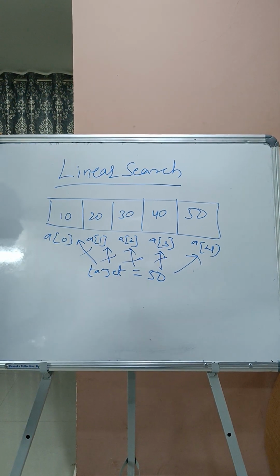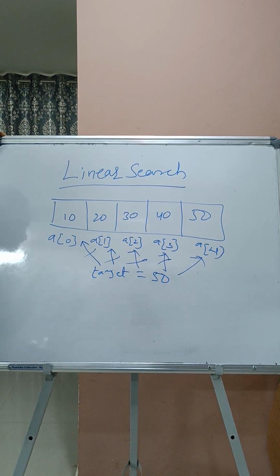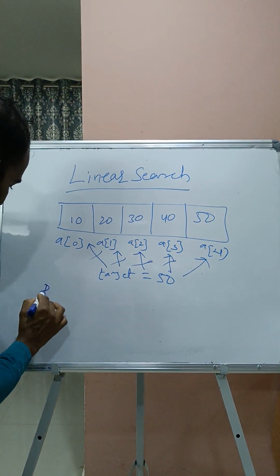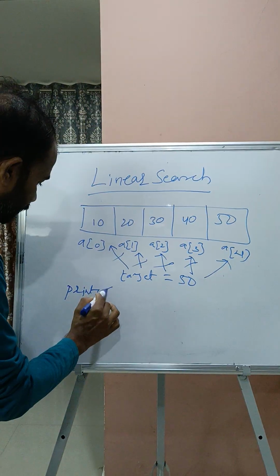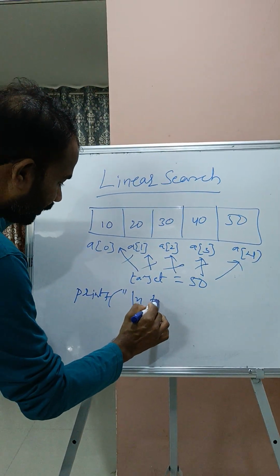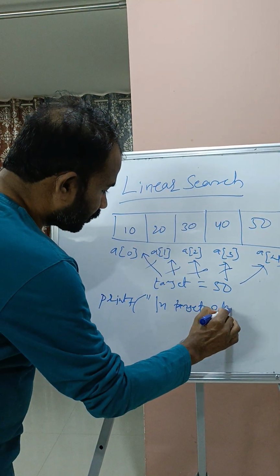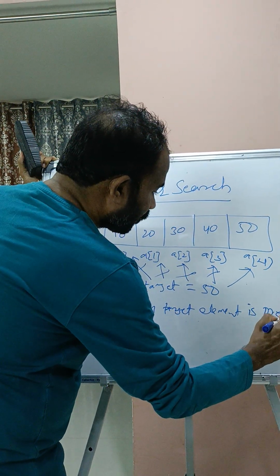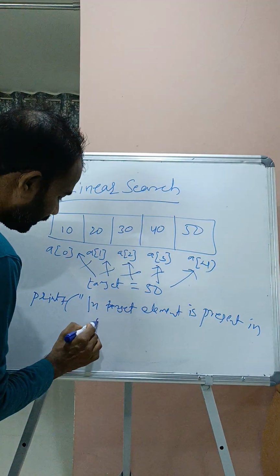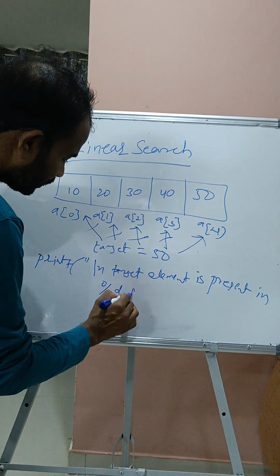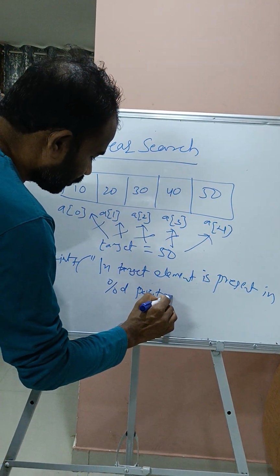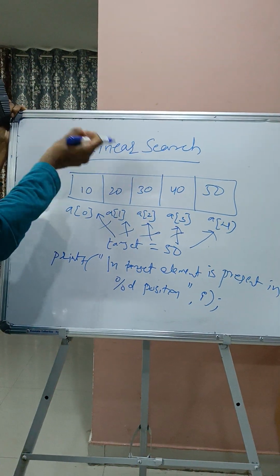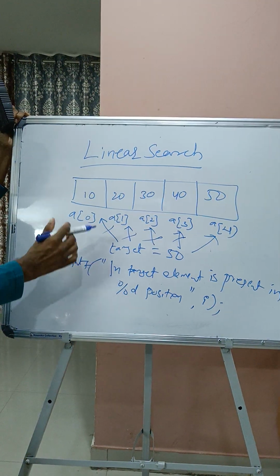Here two printf statements are possible in linear search. What are the two printf statements? One printf statement is: target element is present in percentile D position. This percentile D is I. If the target element is present in any position, then this printf statement is executed.